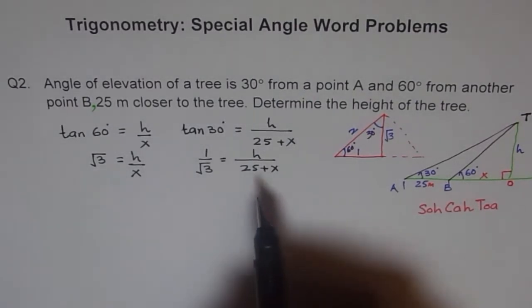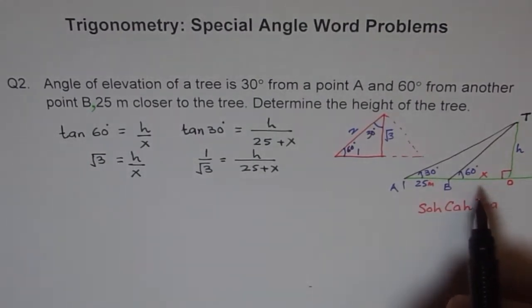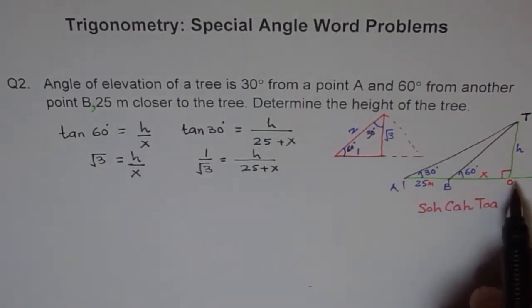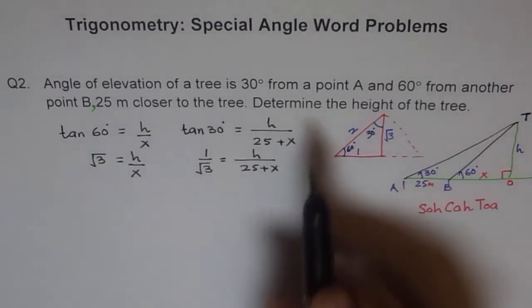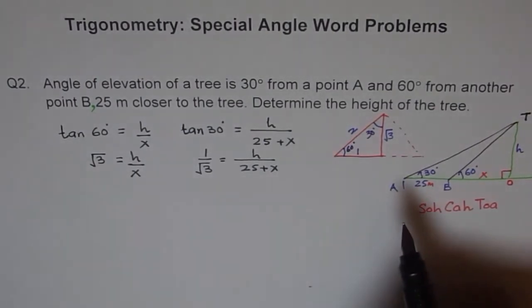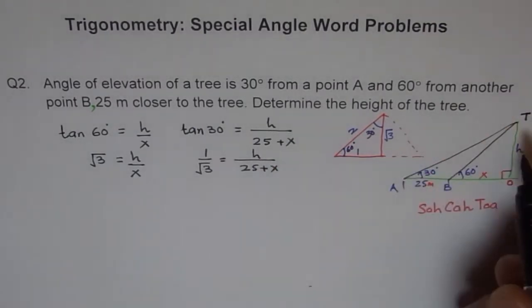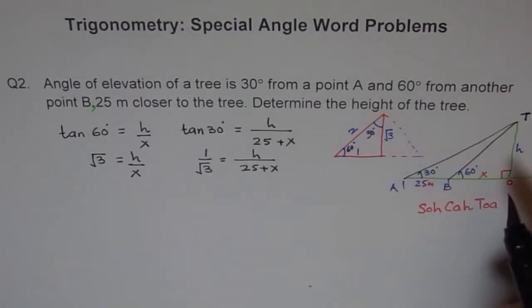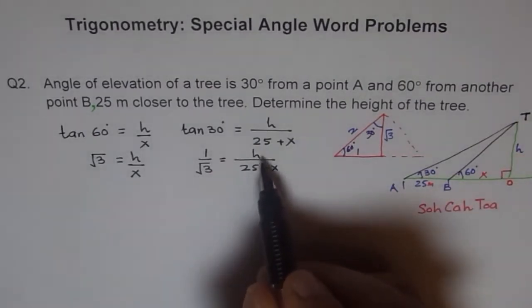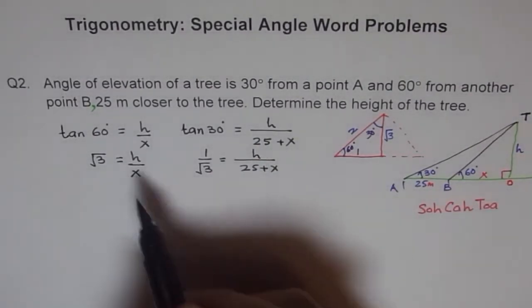At this instance, we can also find the total distance of A or B from the tree. Well, they're not asking for it at present. Sometimes a word problem may ask for it. And we can also find h, right, which is a part of our question. So that means if we need to find h, let's eliminate x. Correct?